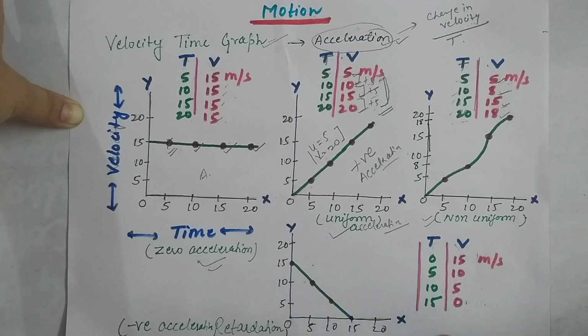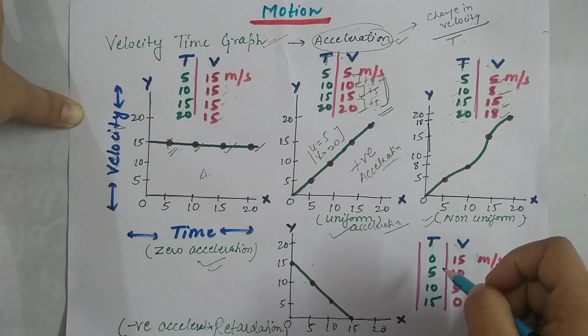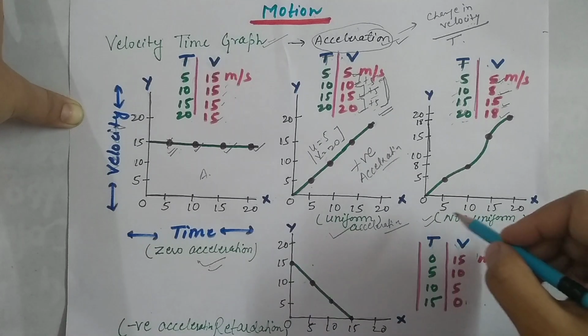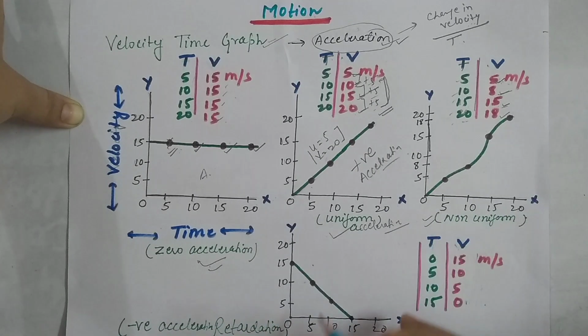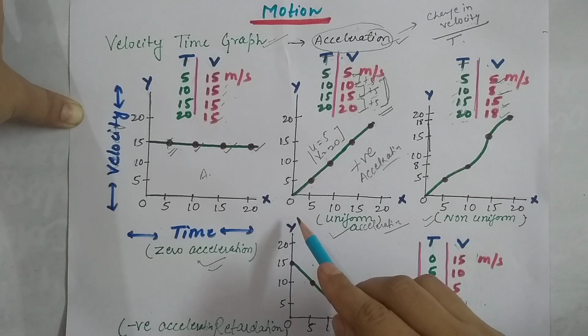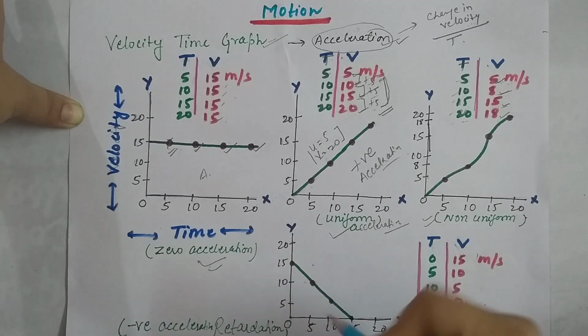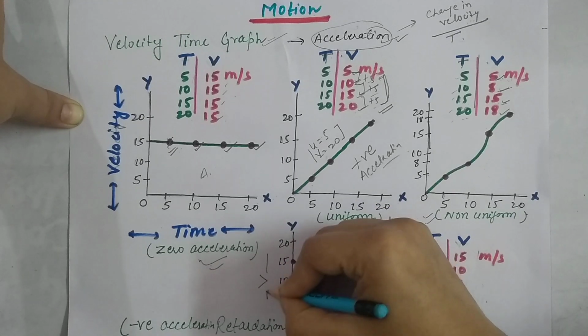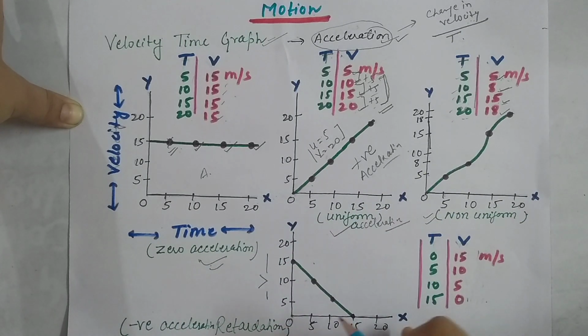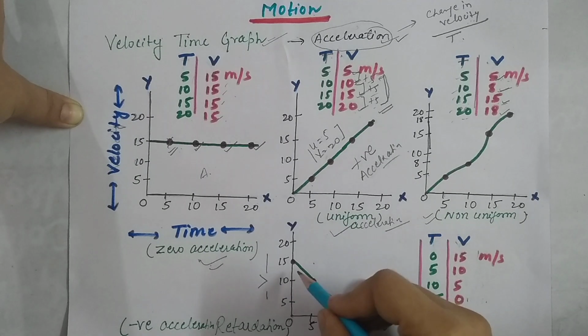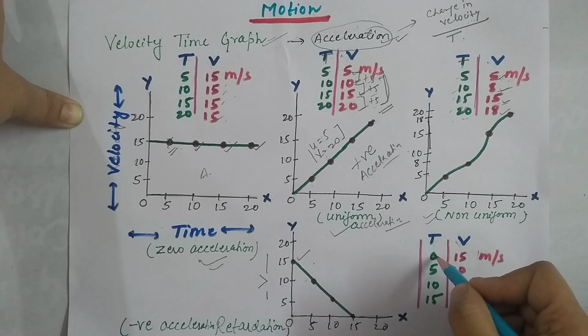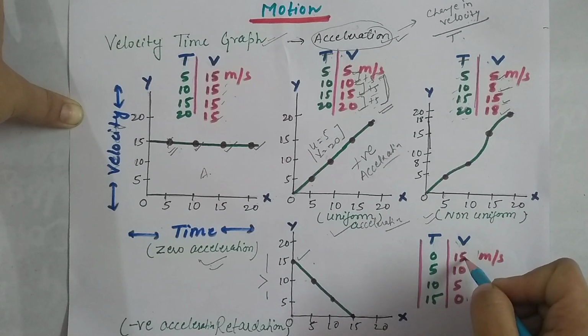Now the last graph shows retardation or negative acceleration. Let's see how. We always take the time on the x-axis and the velocity on the y-axis. At time 0, the velocity of the object is 15.